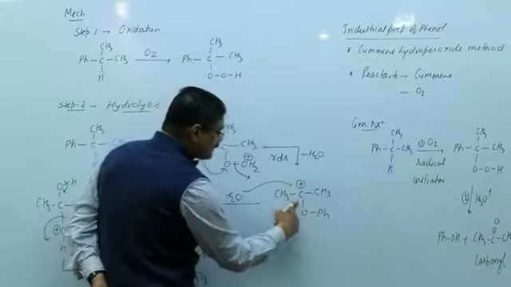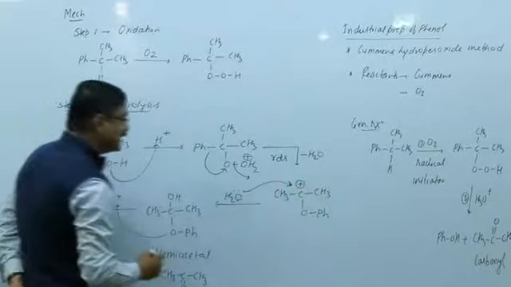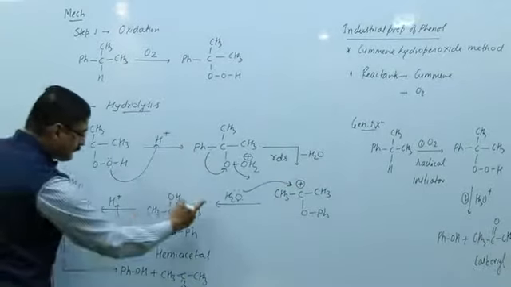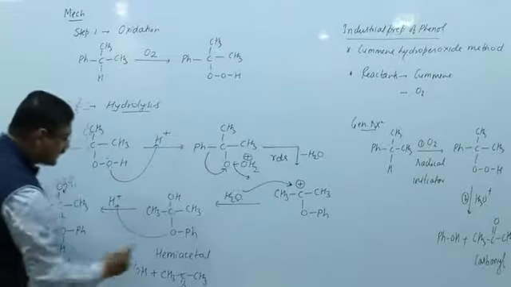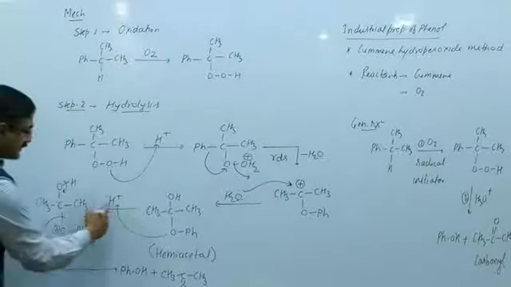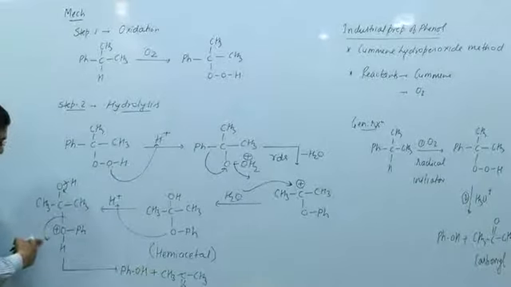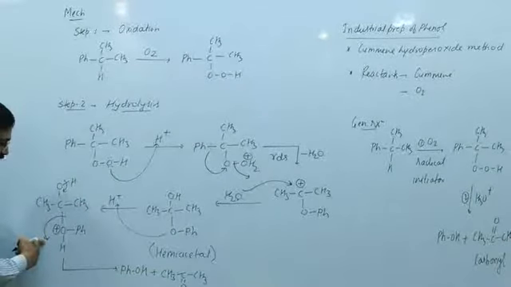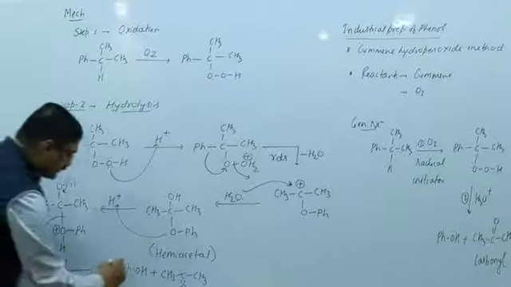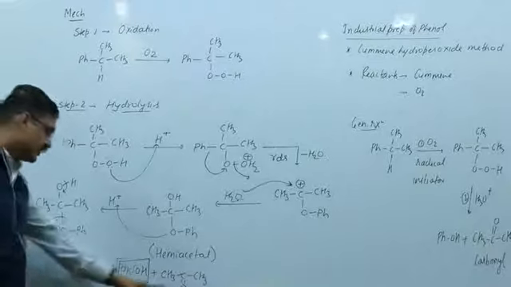After this, a carbocation is formed. The removed water attacks the carbocation and hemiacetal is formed. Hemiacetal is an unstable compound. So it again takes the proton from the solution, and PhOH is converted into a good leaving group, and this group is removed. So finally phenol plus carbonyl compound is obtained.